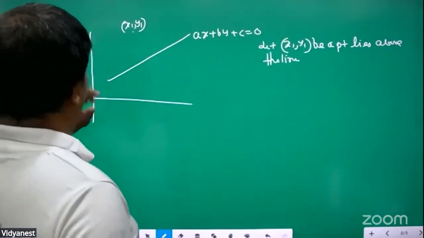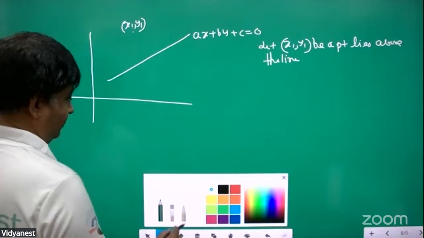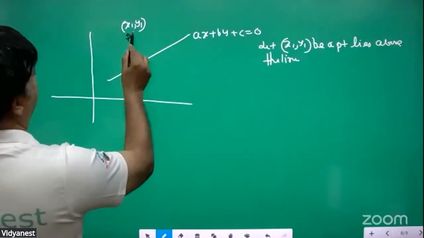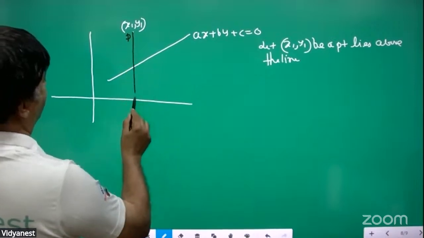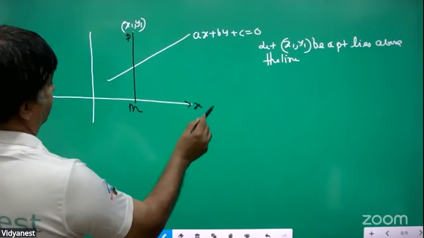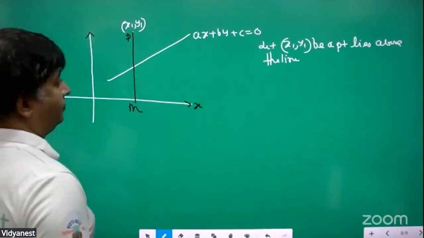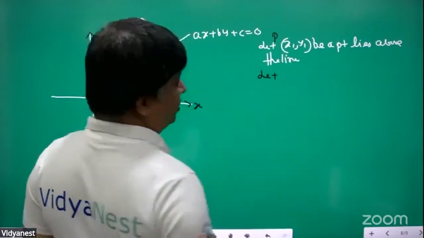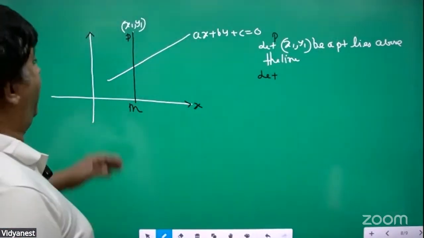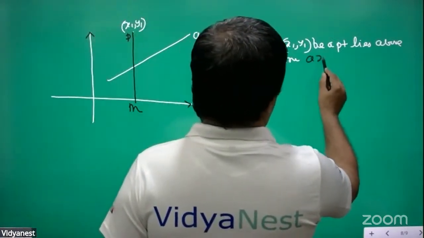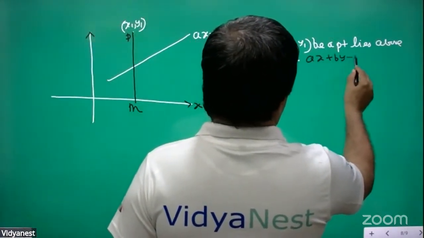So that is x1. Now from there, suppose this point is P and let us drop one perpendicular from P on the x-axis. Okay, let P, x1 y1, lie above the line ax plus by plus c is equal to 0.